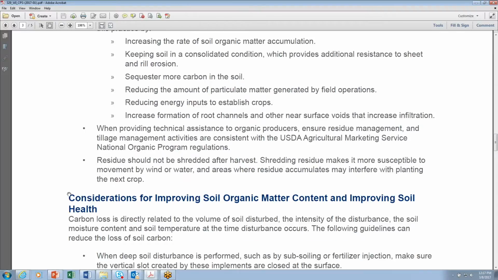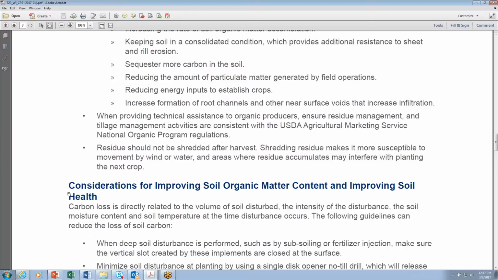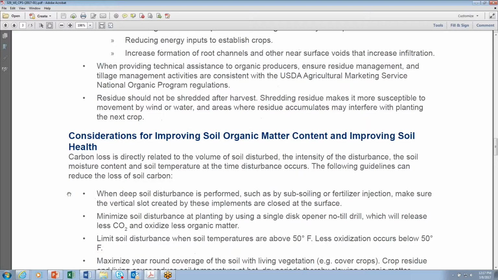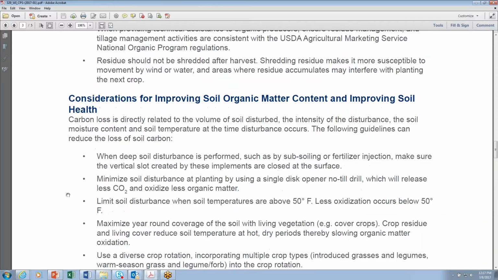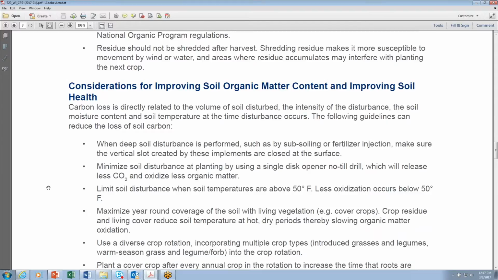So some of the other things I just want to point out, and that is soil organic matter content and improving soil health. There's a whole section here on why this practice standard surfaces quickly when we're talking about growing soil health. So some of the highlights here, it's especially important if we have been doing any deep soil disturbances, subsoiling and fertilizer injection, we do need to make sure that our vertical slot is closing at the surface.